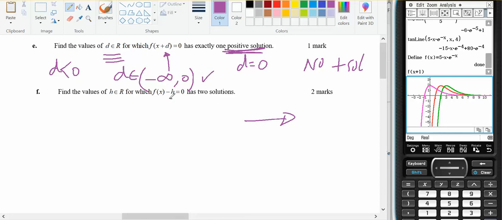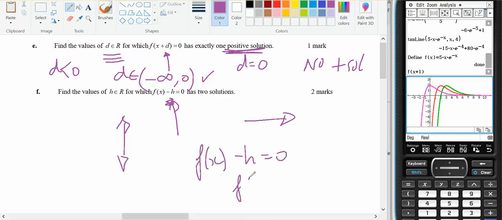So find the values of h. Okay, so now h moves it up and down, and I'm looking for 2 solutions. So where is f of x minus h equal to 0? So where does f of x equal h? Gives me 2 solutions.